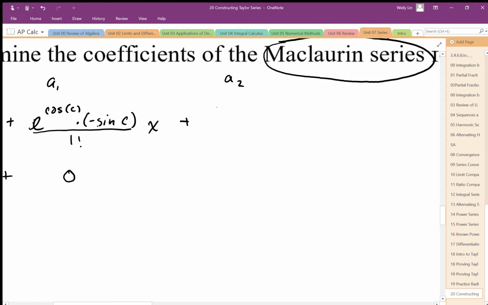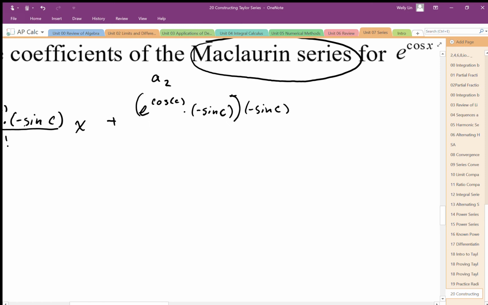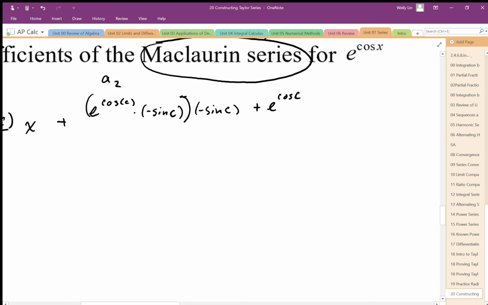So we're going to end up with e to the cosine of c times negative sine c, so this is the first part of the product, times negative sine c, okay, plus e to the cos c, and then differentiating negative sine c gives negative cosine of c.